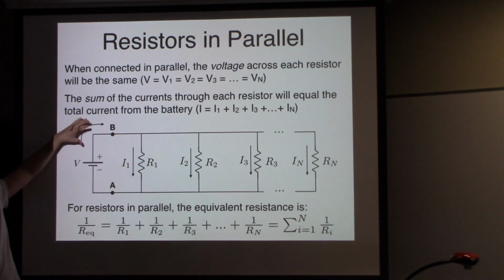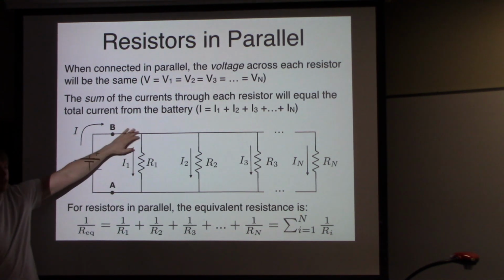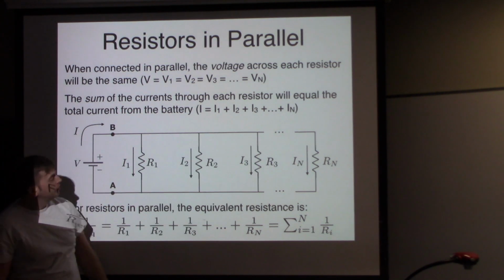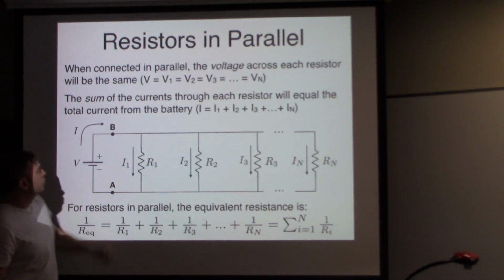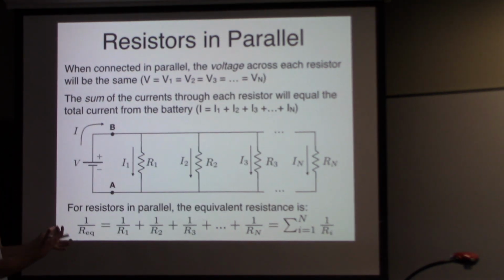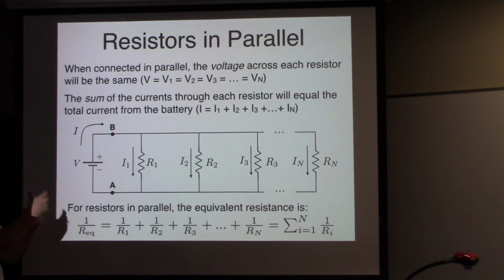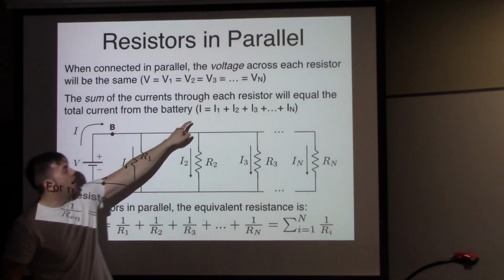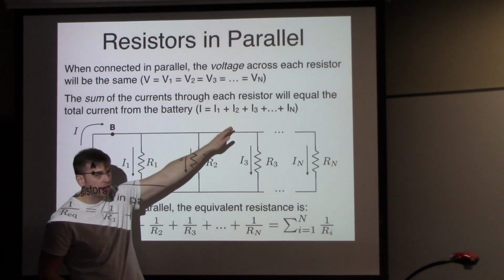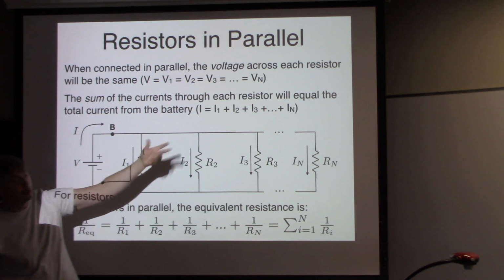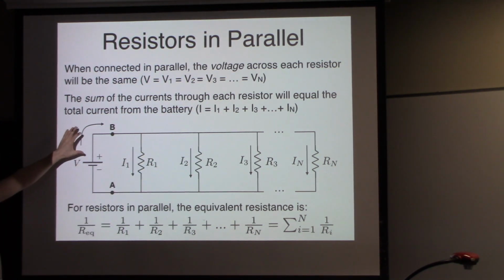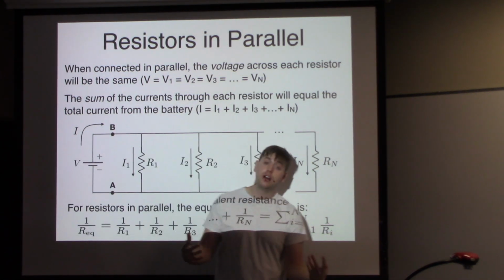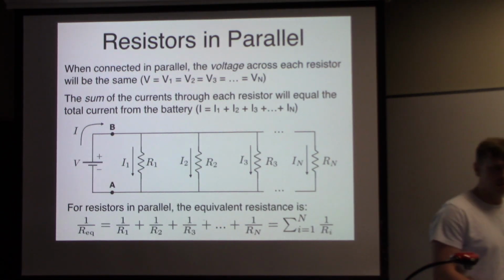When we talk about I, it branches into I1, so some of the charge goes down this path, some goes down here to I2, some goes here to I3. So this total current just splits into I1, I2, I3, and so on. If charge is conserved, I is equal to I1 plus I2 plus I3, and so on. So this total current through the battery is the sum of these individual currents. It's just a natural consequence of conservation of charge.